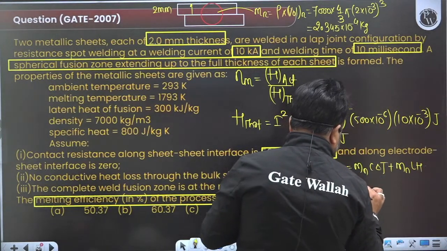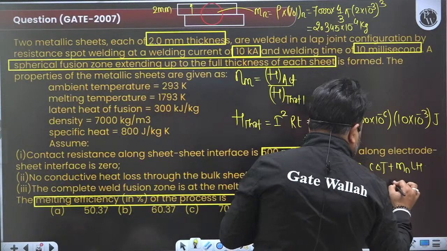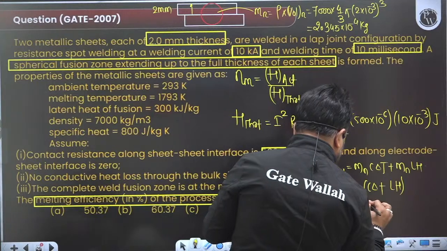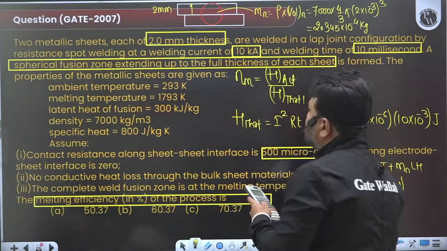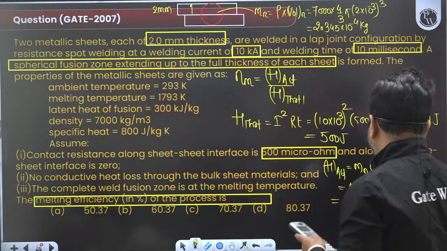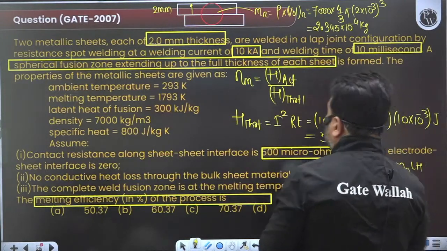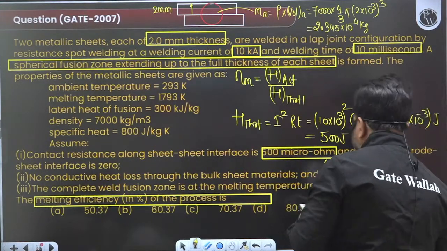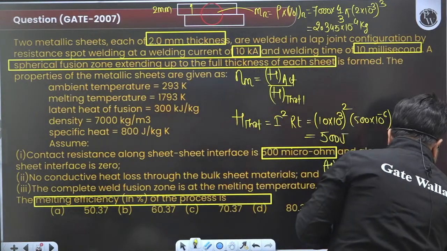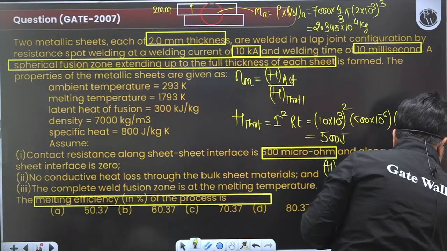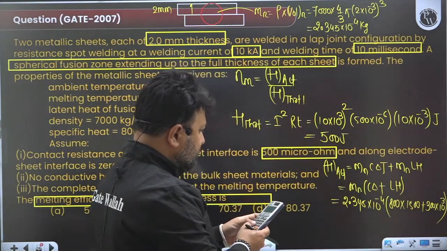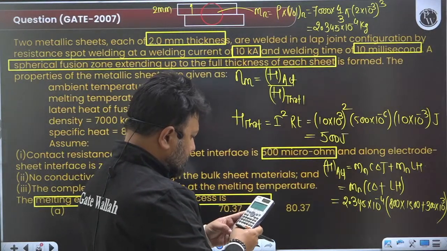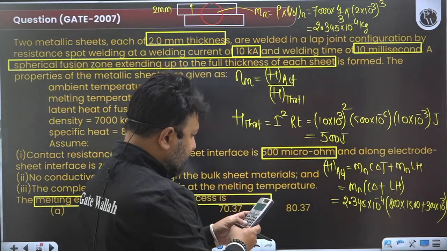So mass of the nugget common, C delta T plus latent heat: 2.345 × 10^-4 × (800 × 1500 + 300 × 10^3), where 1793 minus 293 is 1500 and 300 kilojoule is 300 × 10^3.